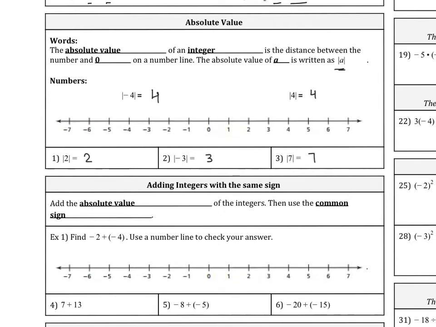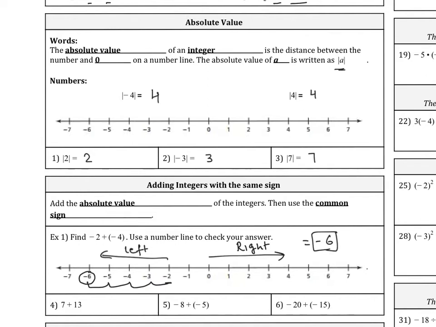When you start from -2 and you're adding -4, whenever you're adding a negative number, you go to the left side. So you go 1, 2, 3, 4, and you end up at -6. So -2 plus -4 will give you the answer -6.